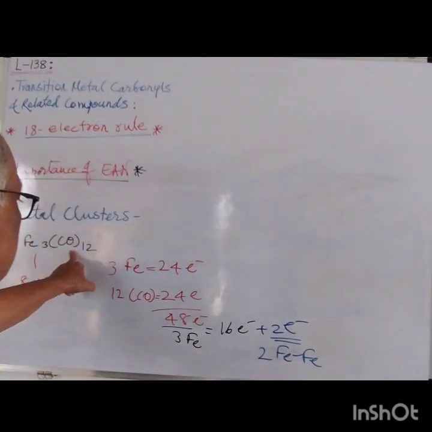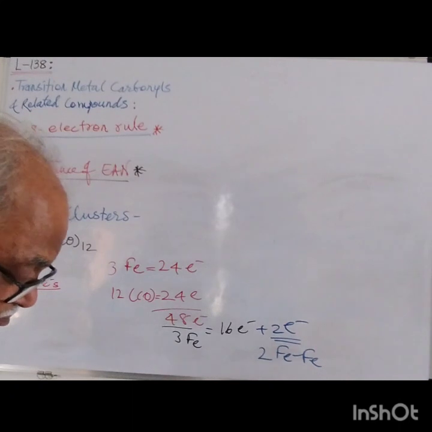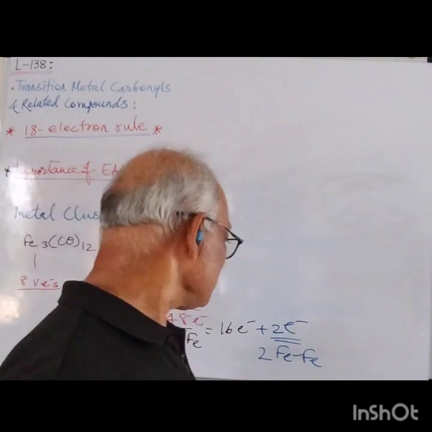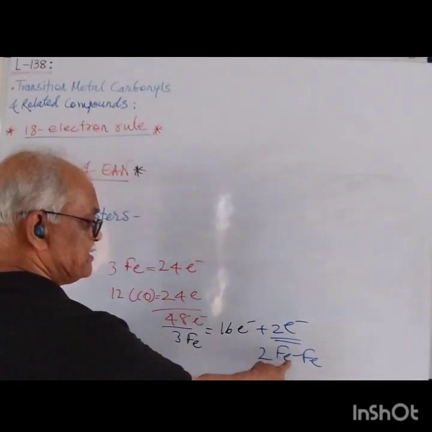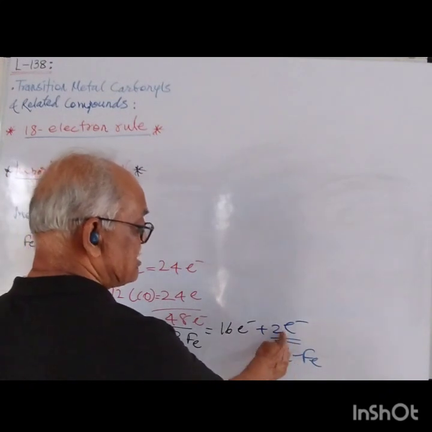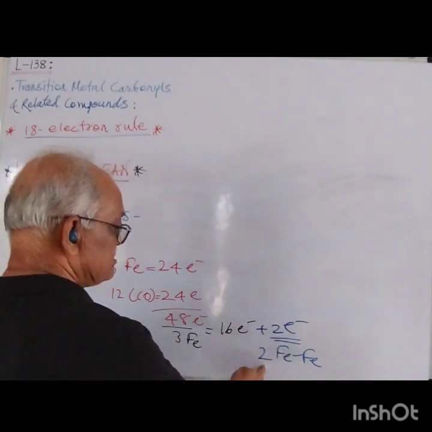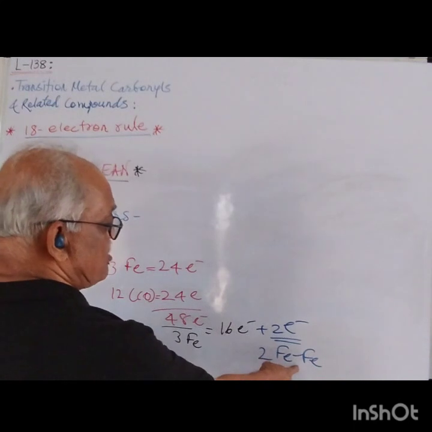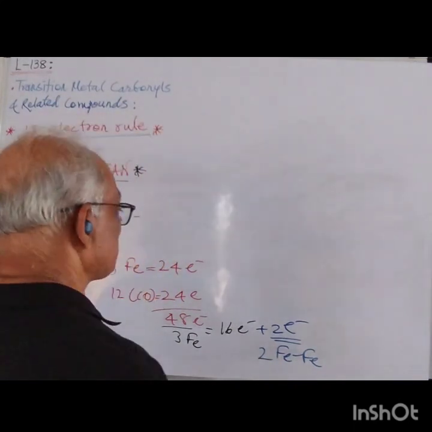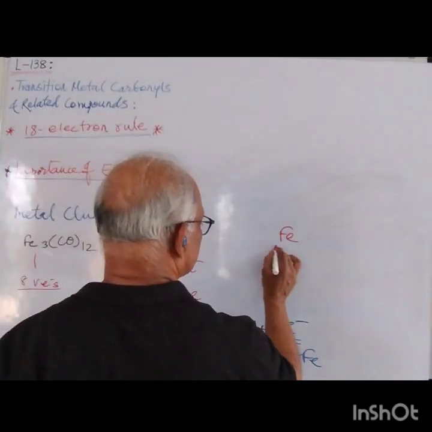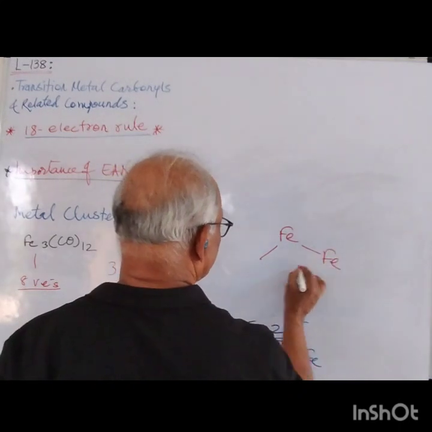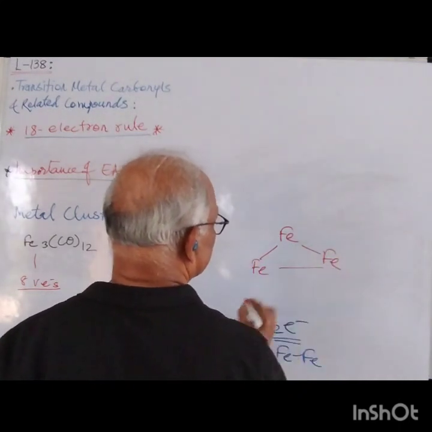So that will form a trinuclear carbonyl, that is Fe3(CO)12. So there are 2 such Fe-Fe bonds. One Fe-Fe bond will contribute 1 electron. So there are 2 Fe bonds. Means the structure will be like this. Fe like this.